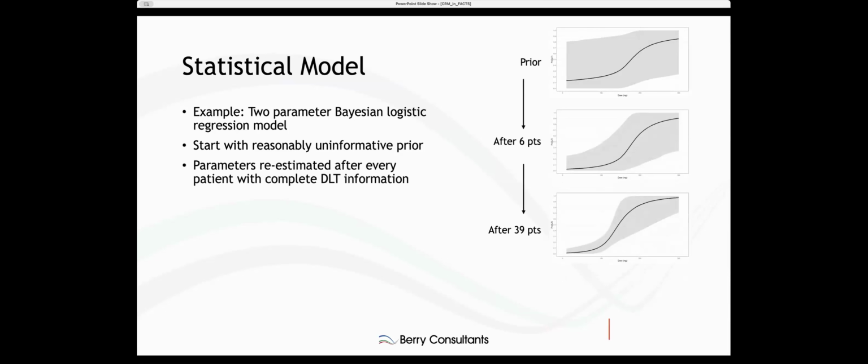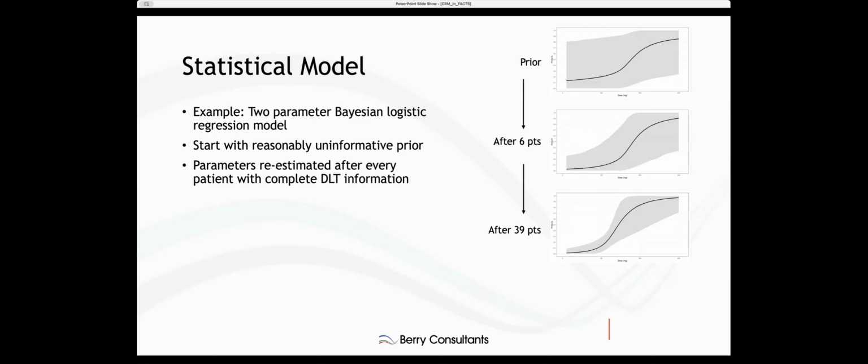Then what happens is you're collecting data, and in this particular case, of course, you're collecting data on the smaller doses first. That's why you're seeing, after maybe 6 patients or 39 patients, the gray area, the uncertainty, becomes smaller as we get more data and as we become more confident in our estimate of the dose toxicity relationship.